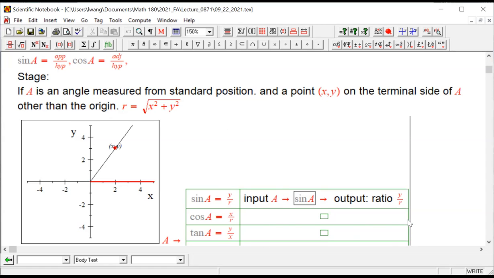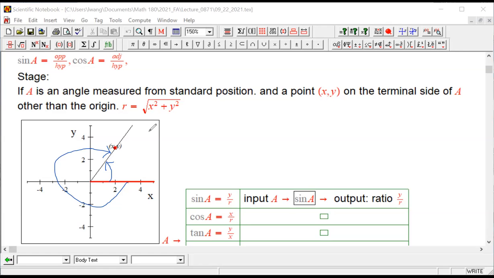And the output of sine of the angle measured in standard position. It could be this one too, right? It could be measured clockwise, counterclockwise, many different ways.